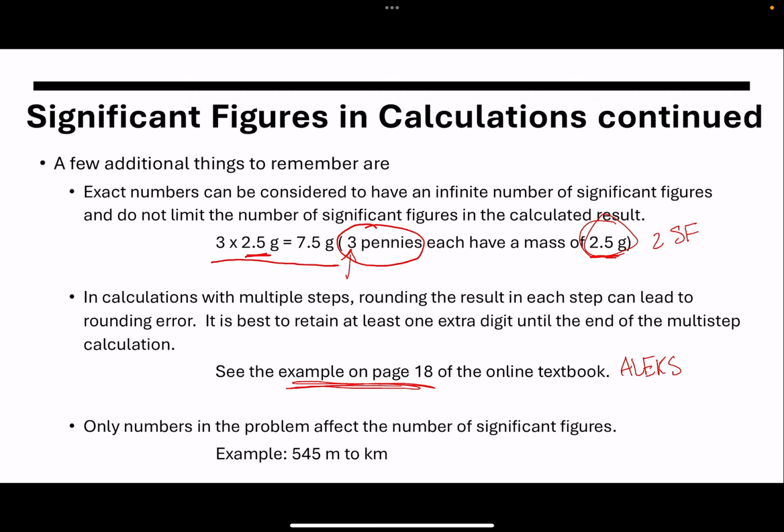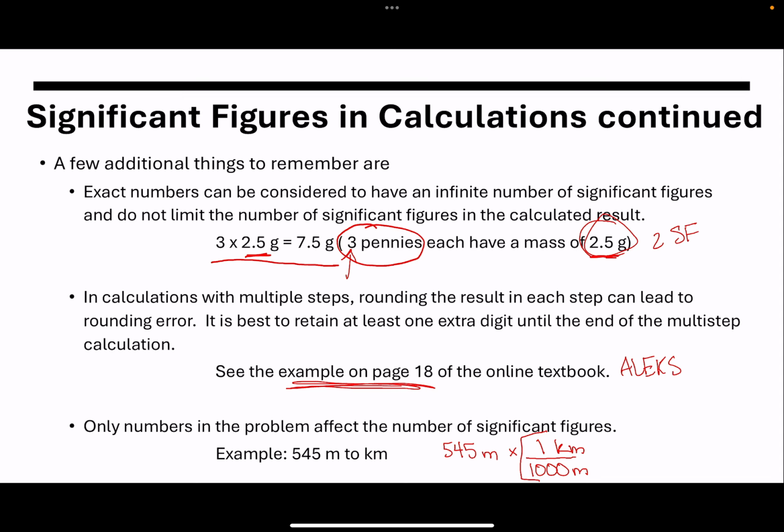All right, and then only numbers in the problem affect the number of significant figures. So let's look at this problem down here. If we're doing a conversion from 545 meters to kilometers, we would use a conversion factor, which we're going to talk about in our next little section. We know that there are 1,000 meters in 1 kilometer. Well, 1 kilometer is only one sig fig, and 1,000, because it doesn't have a decimal, would only be one sig fig.